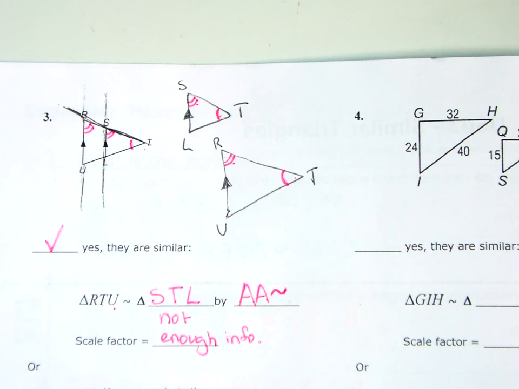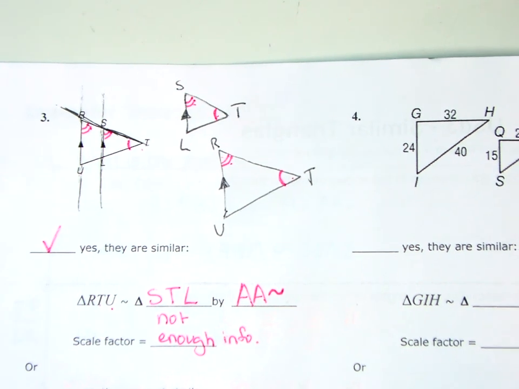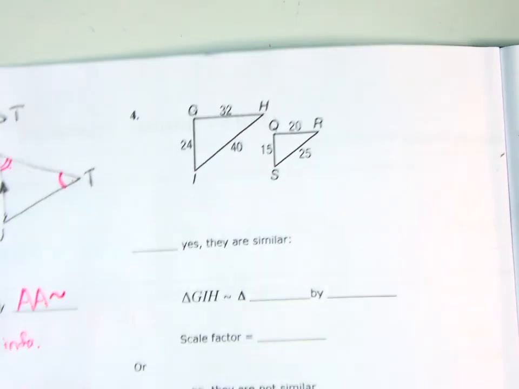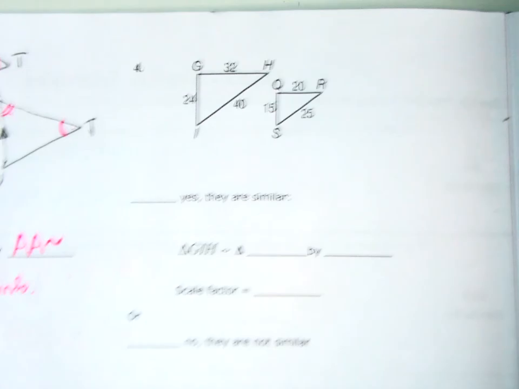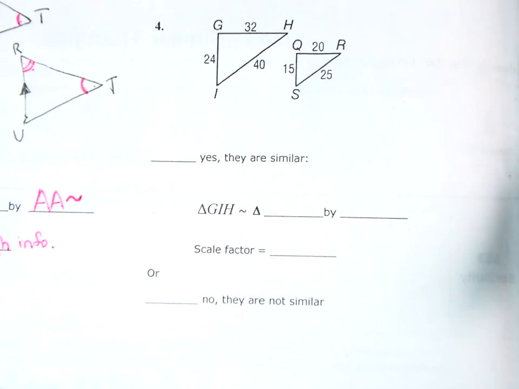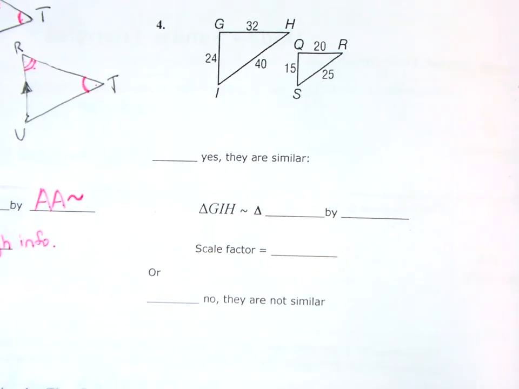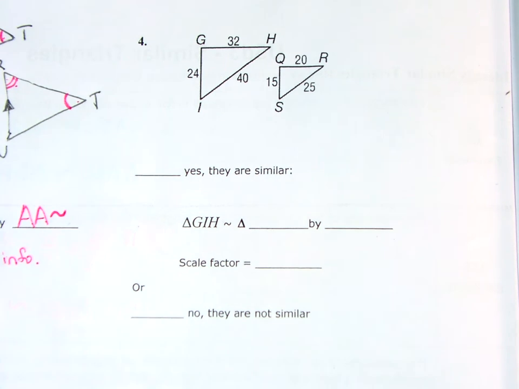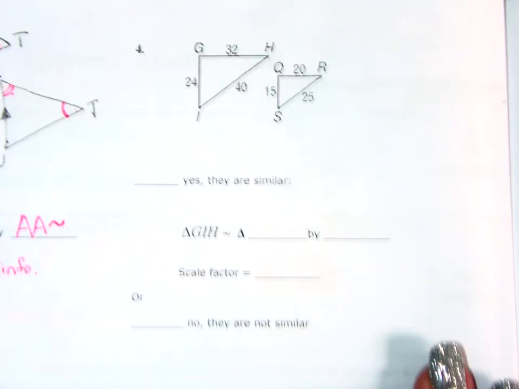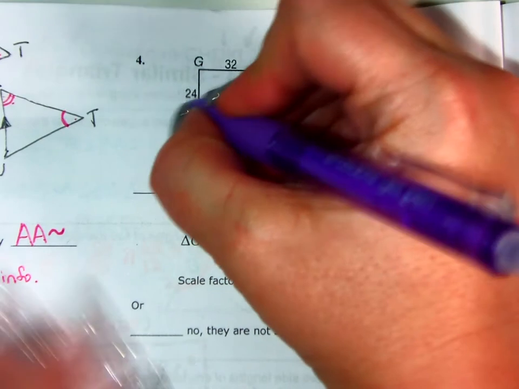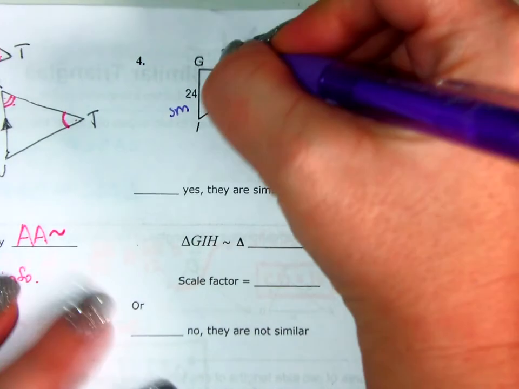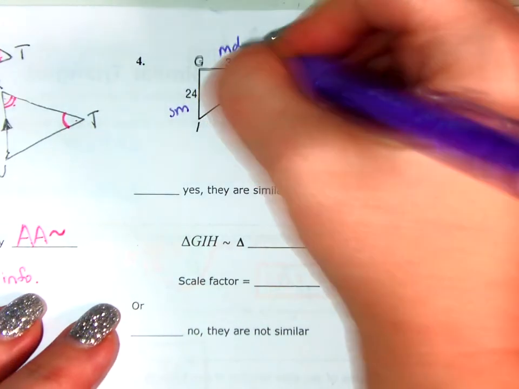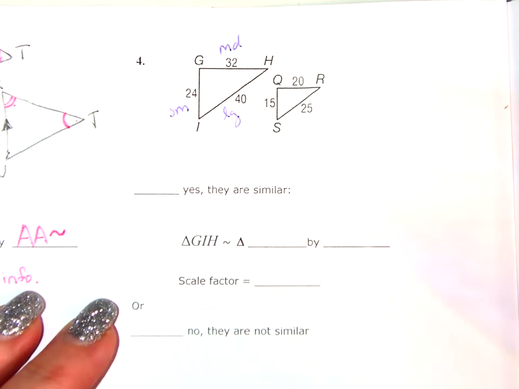Okay? All right. Moving on. Number 4. Which postulate am I going to have to test for number 4? Side, side, side. So that means I need to look at one triangle and identify its small and its medium and its large side.